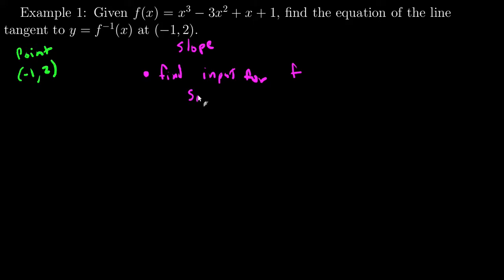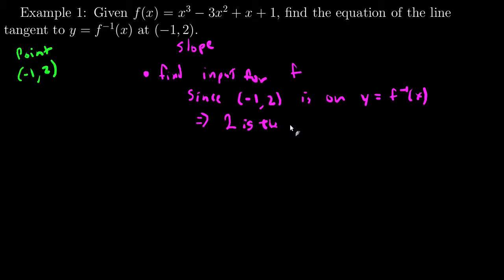Since (-1, 2) is on y equals f inverse of x, where -1 would be the input for the inverse and 2 would be the output, this means that 2 is the input for f.